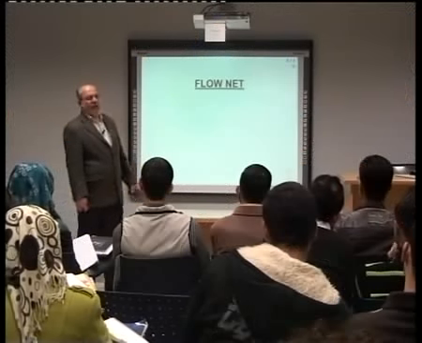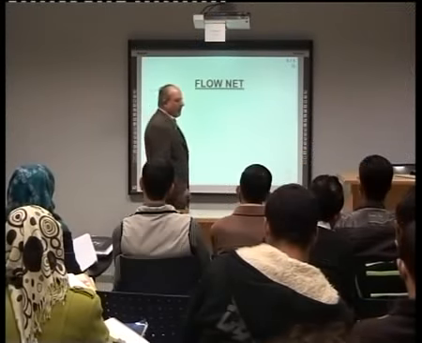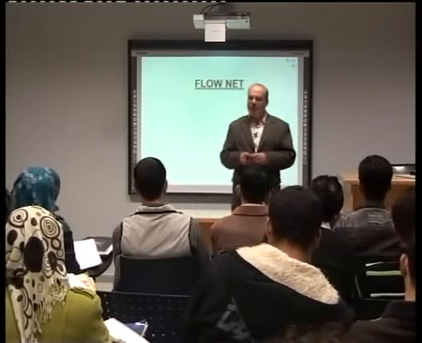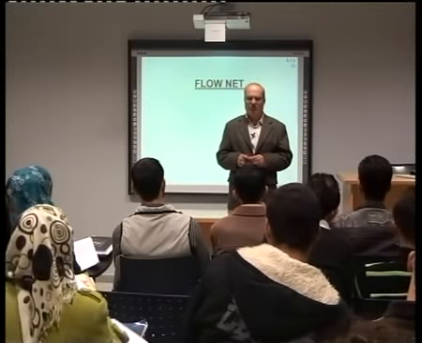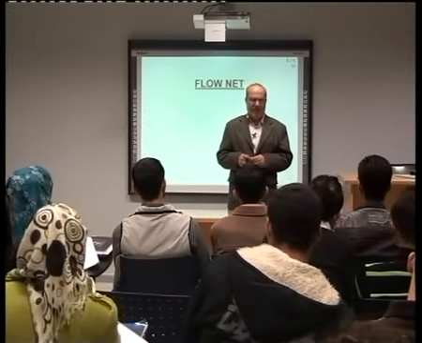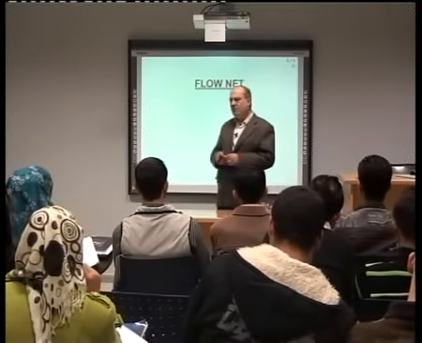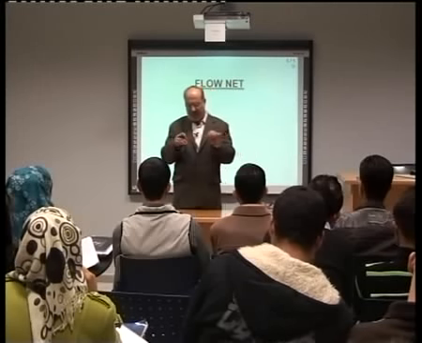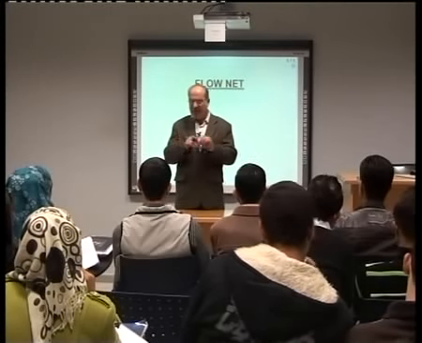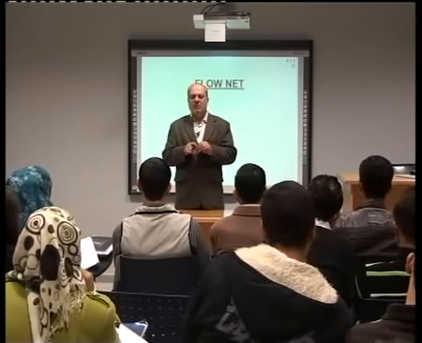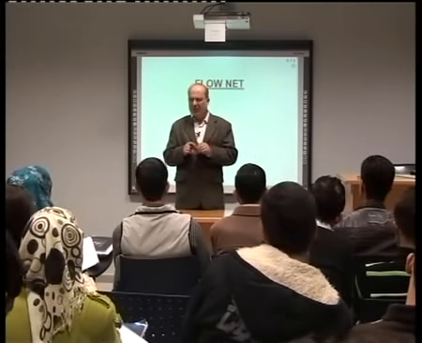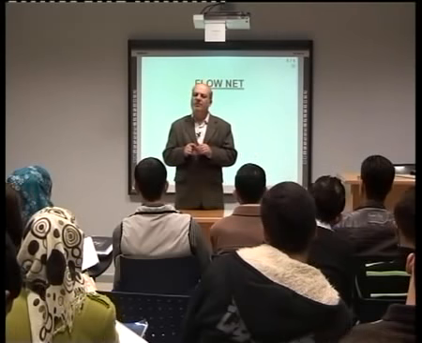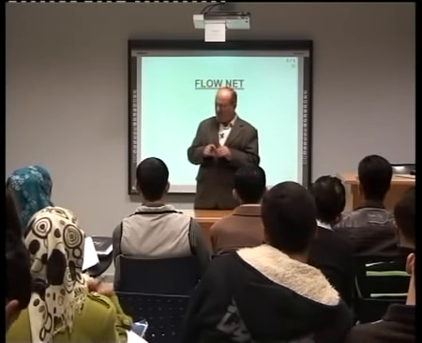Flow net. If we want to build a net for catching fish, of course we will use ropes, right? Now, how many directions do you think we will put the ropes in? Minimum 2.